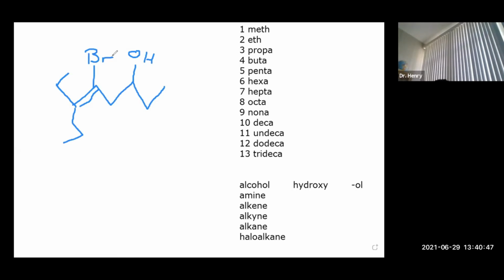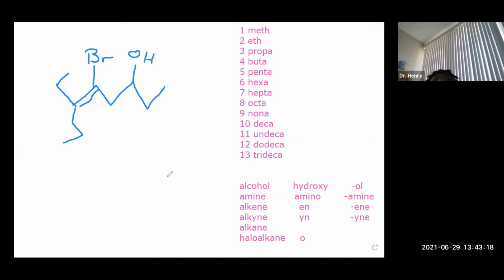Here is my organic compound. What is its name? Take a moment, you guys can discuss it among yourselves, and then I want somebody to give me a really accurate answer. So let's start off. What is the first thing that I'm going to do? What am I trying to do first? Find the longest carbon chain.